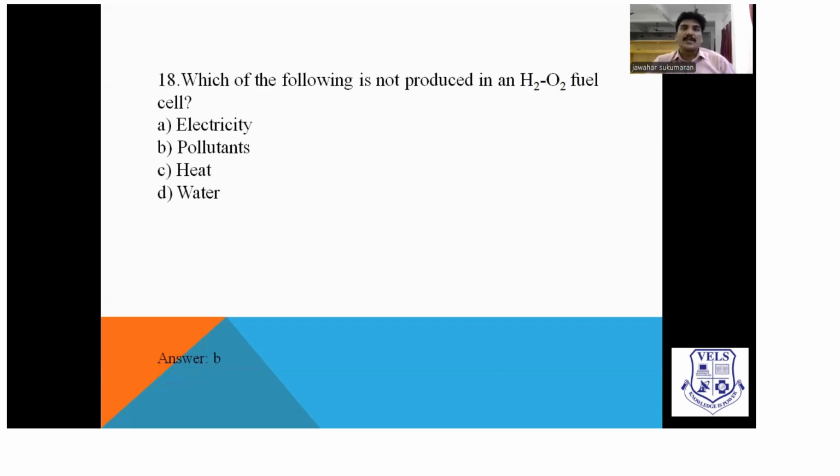Fuel cells convert the chemical energy of fuel into electricity through combustion. Since combustion is an exothermic reaction, heat is evolved. The overall reaction in an H2-O2 cell is 2H2(g) + O2(g) gives 2H2O. Thus, water is also produced. Pollutants is the correct answer.